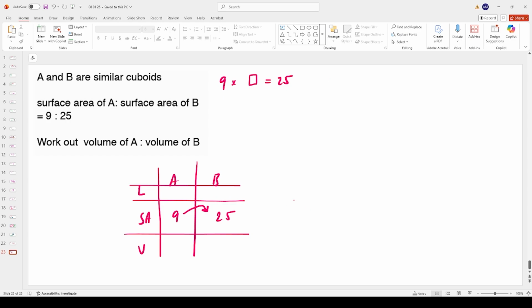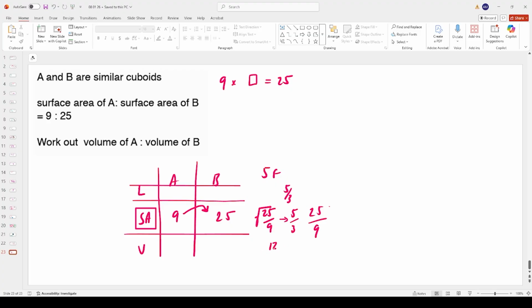So you do 25 divided by 9, right? And that's what you times that by, right? So the scale factor will be 25 over 9. Now, because you're working with area, you just square root this, and you get what? 5 over 3. So the scale factor for length will be 5 over 3. You square it for the surface area, and then you cube it for the volume.